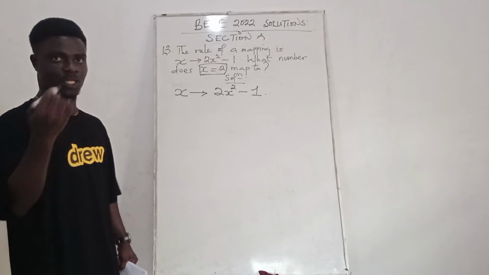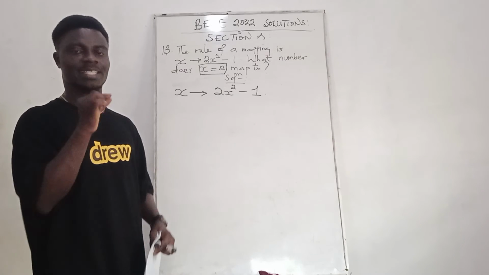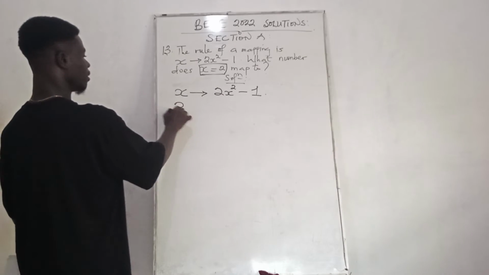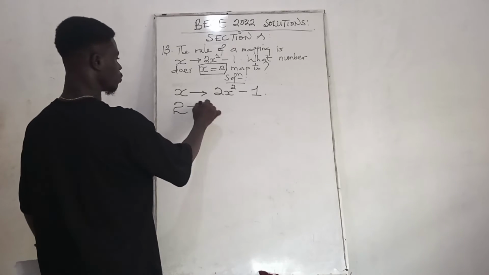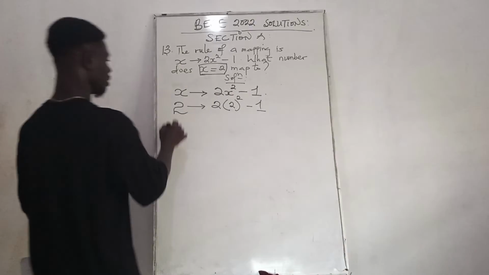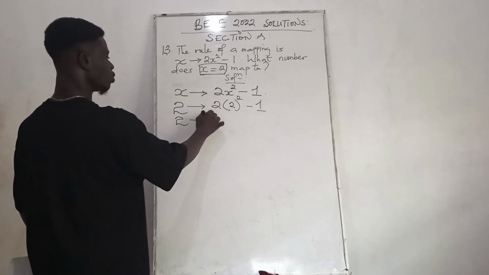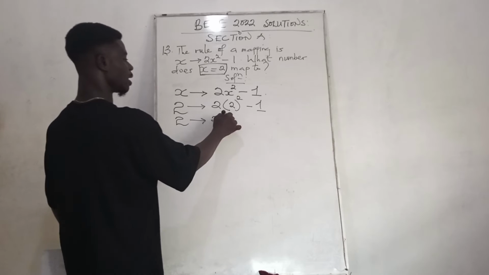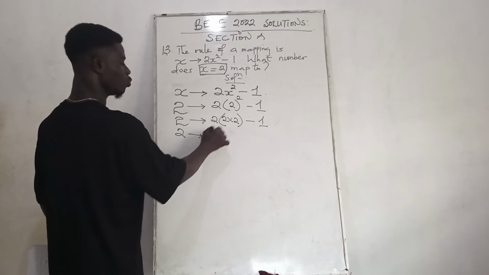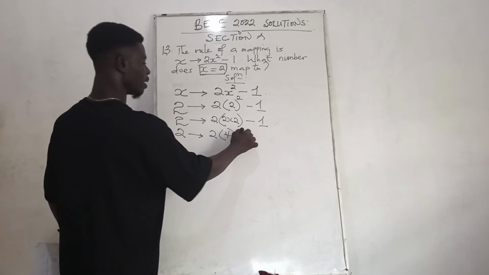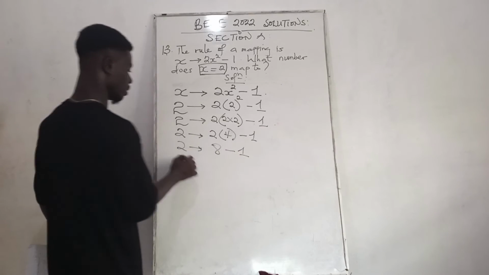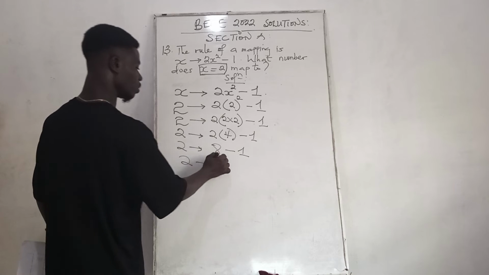So what number does x equals 2 map to? It means that x and 2 are the same. So wherever I see x, I substitute in what? 2. So 2 maps to 2 times 2 squared minus 1, which is 2 times 4, 8 minus 1, which is 7.